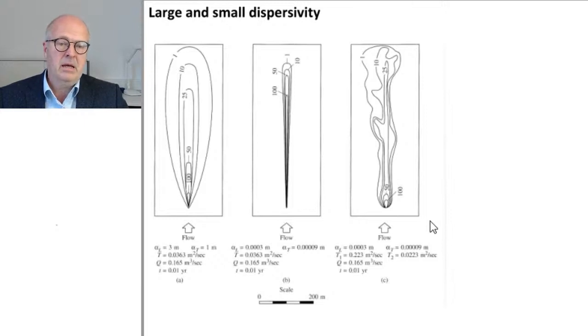Now the example in the middle shows a much smaller dispersivity and a higher ratio between longitudinal and transversal dispersivity, and you get this needle shape of the tracer cloud.